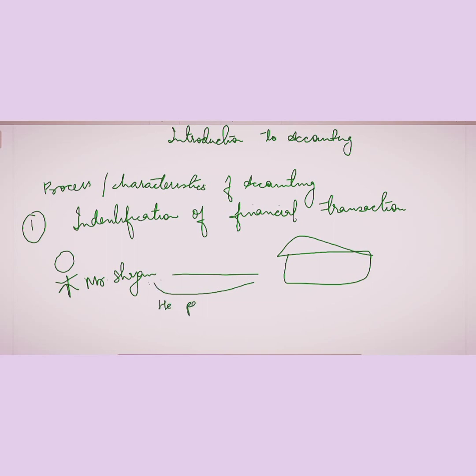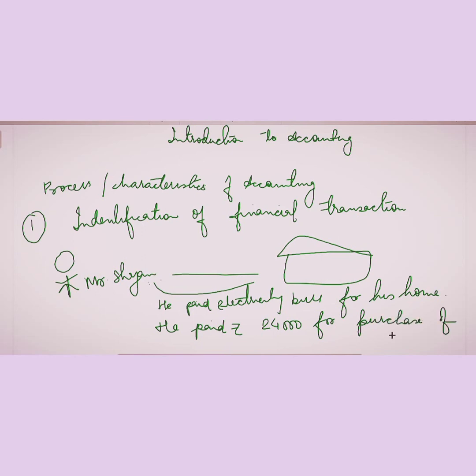He paid electricity bill for his home, where he paid 24,000 for purchase of machinery. Okay, so these two are the transactions what Shyam did.